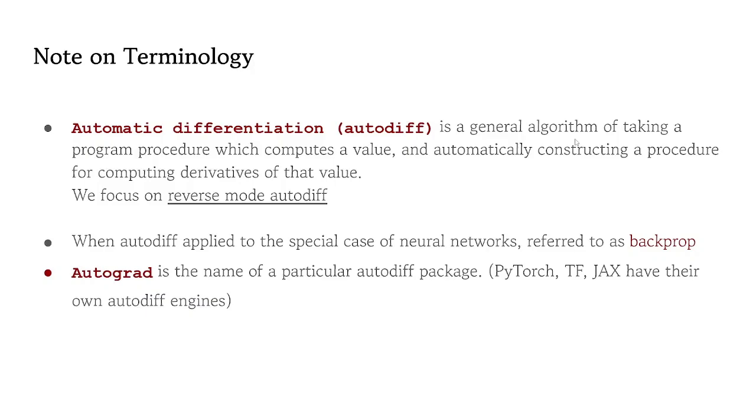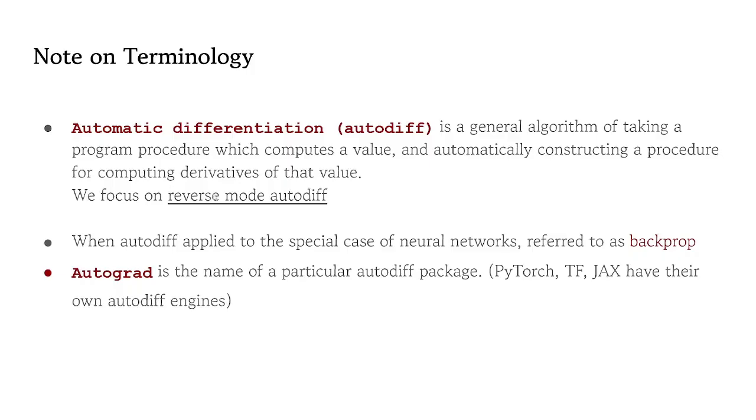This way of stating AutoDiff as an algorithm which takes in a function and returns a function is the classical notion of automatic differentiation. But the interface which we use in Python looks a bit different than this, but the core idea still remains essentially the same.